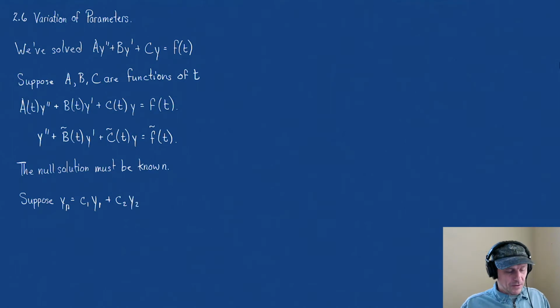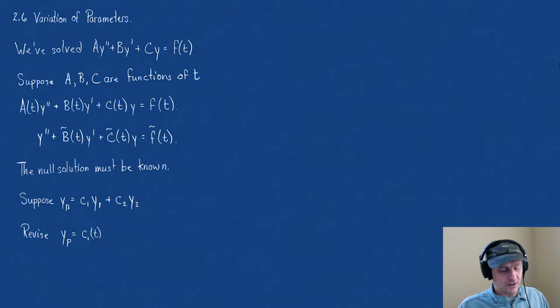And then what we do is now we revise this. So that we're going to try, it's still a variation of the null solution. I'm just going to call it y, or we could even call it y particular. But notice it's just the null solution, but now the constants are functions: c1 y1 plus c2 of t y2.